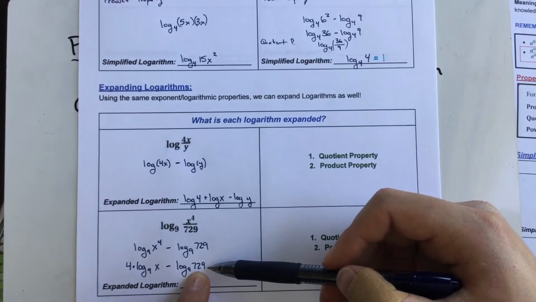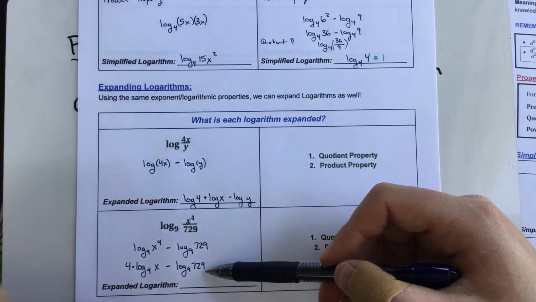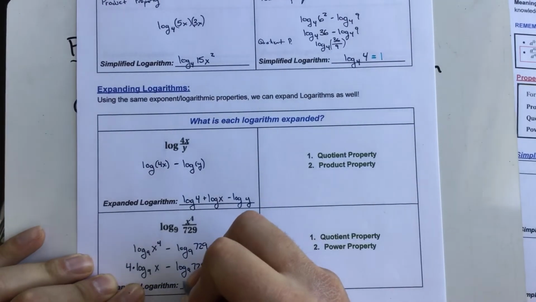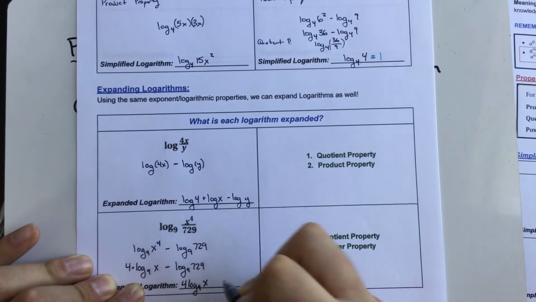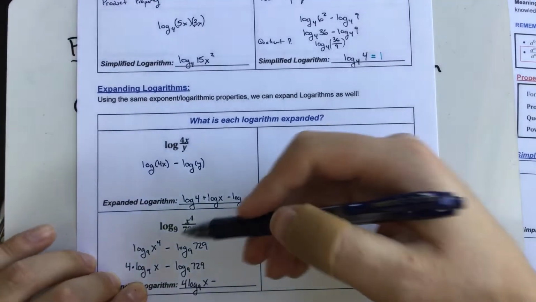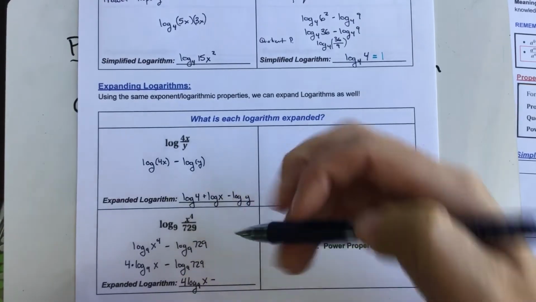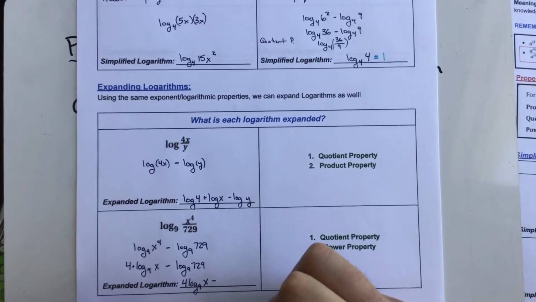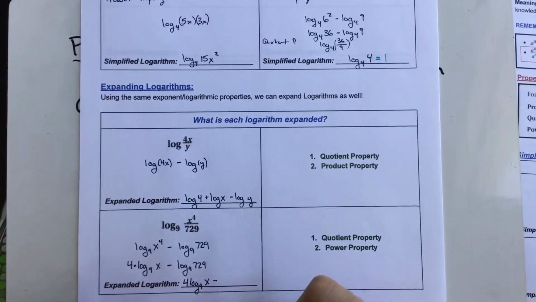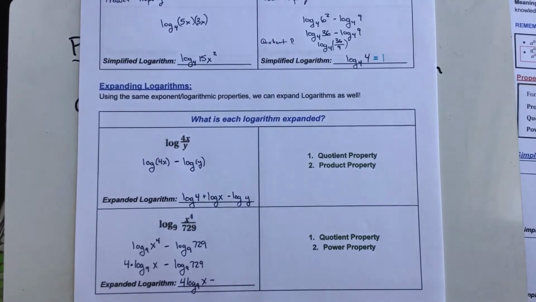This can be simplified. So just to show us a simplified version of this expansion, I'm going to write this as 4 log base 9 of x minus the log base 9 of 729. If I were to actually evaluate that, 9 to what power equals 729?